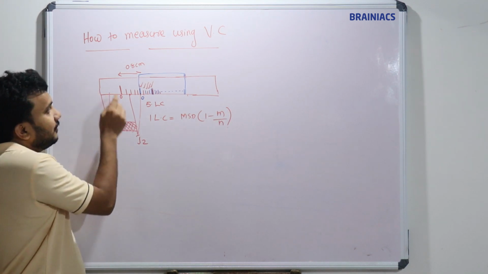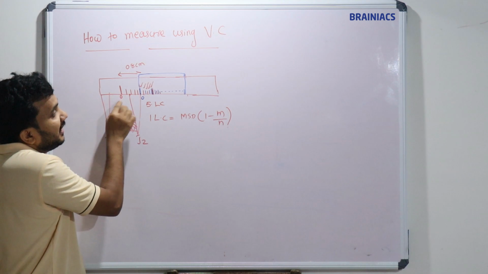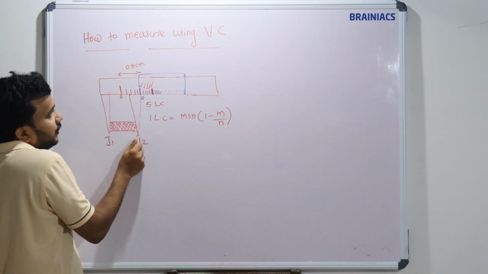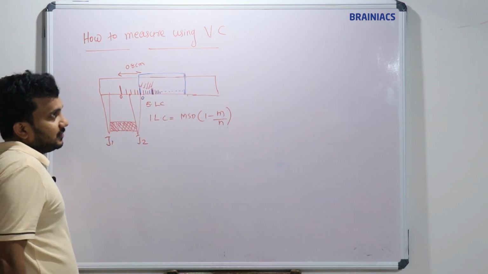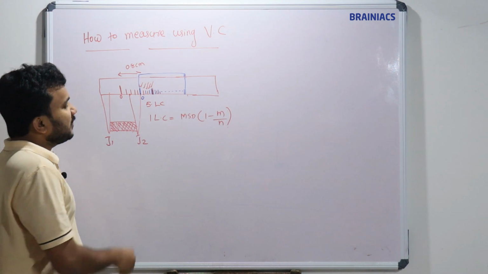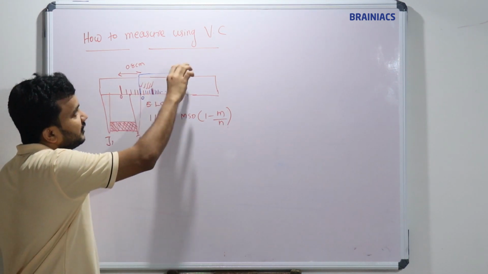At this point, the vernier scale has moved this much, not the main scale. J2 is connected with the blue box, so when J2 moves, this blue block also moves.